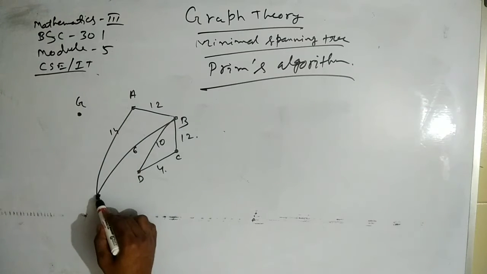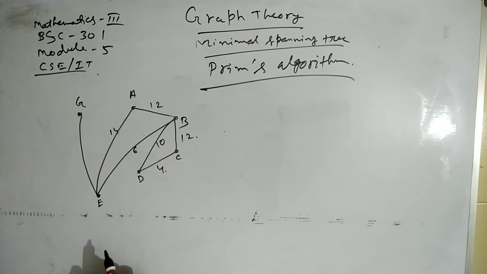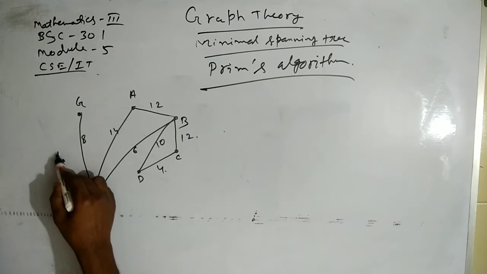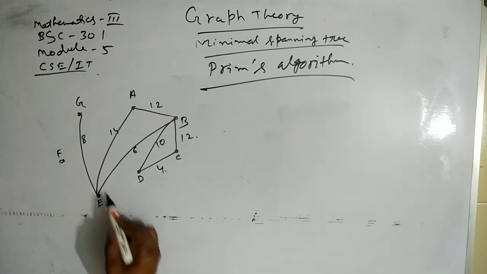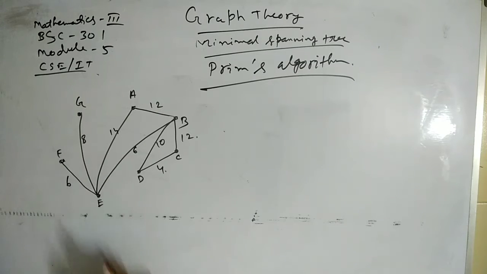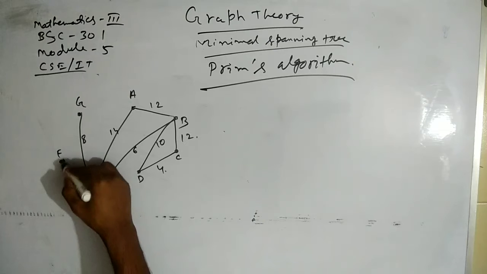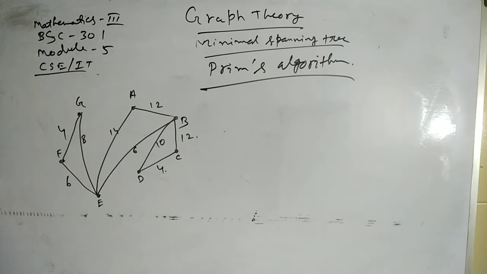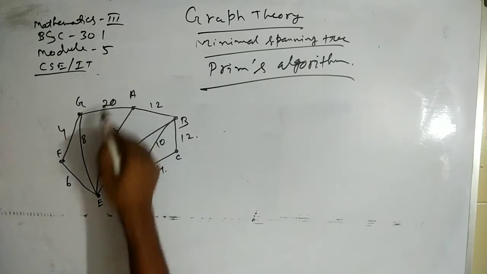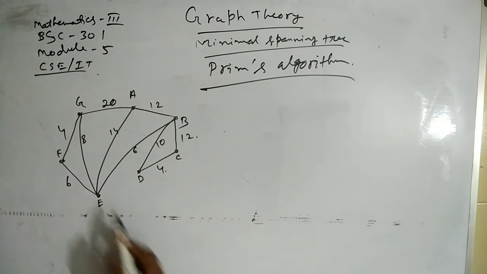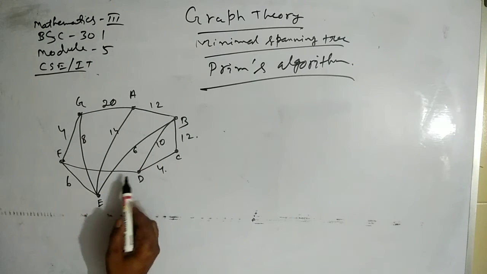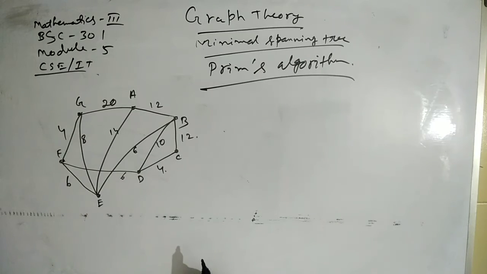This is another vertex G, connected with weight 8. F is connected with weight 6. FG is 4. GA is 20. FD is 6. Okay, so this is the weighted graph.